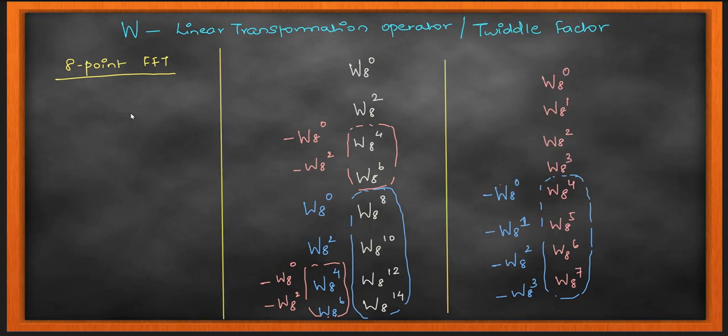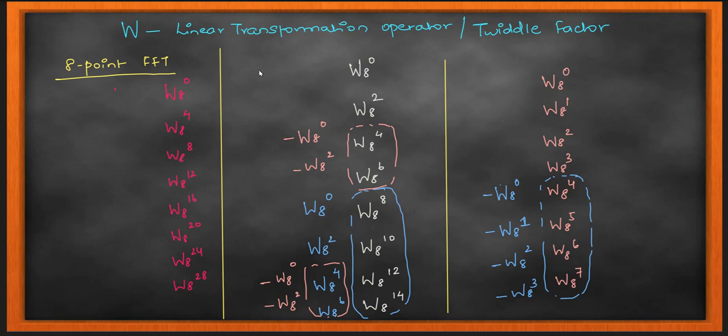This simplifies to W80, W82 and minus W80 and minus W82. So all the Twiddle factors or linear transformation multiples are either plus or minus W80 and W82.